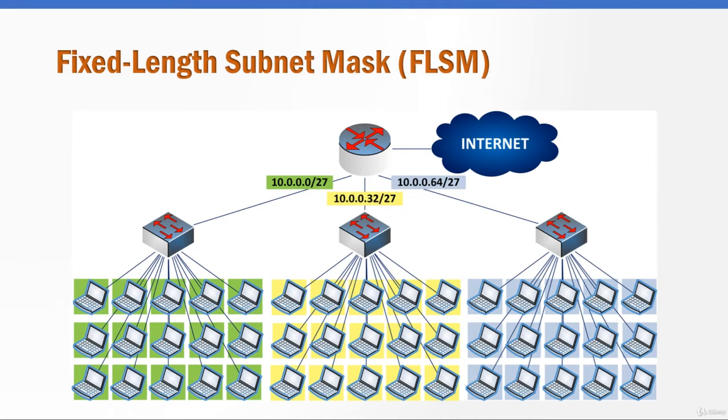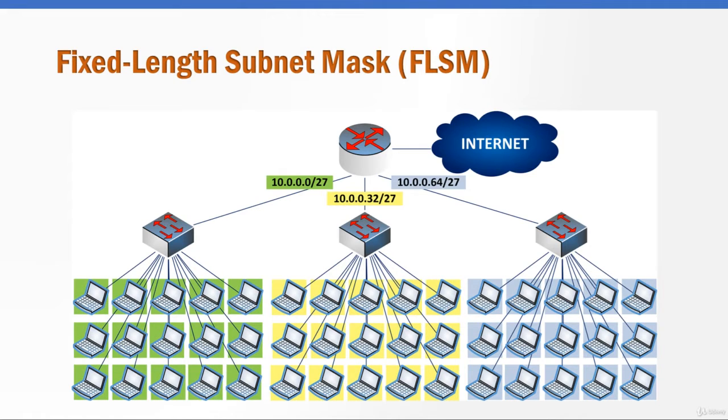Let me explain this example real quick. So we'll look at the first subnet, 10.0.0.0/27. So we have 15 laptops in this subnet. That means we need 15 different IP addresses to be assigned to our laptops. We need one more address to be assigned to our router interface.